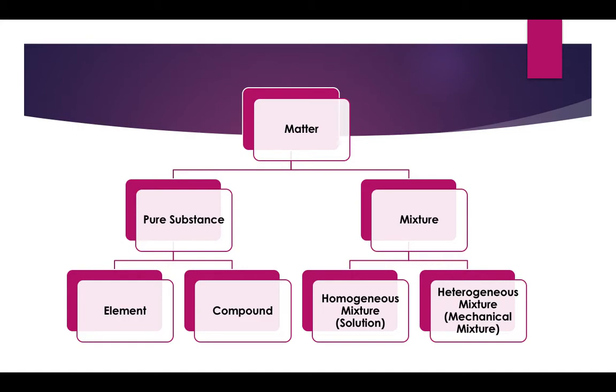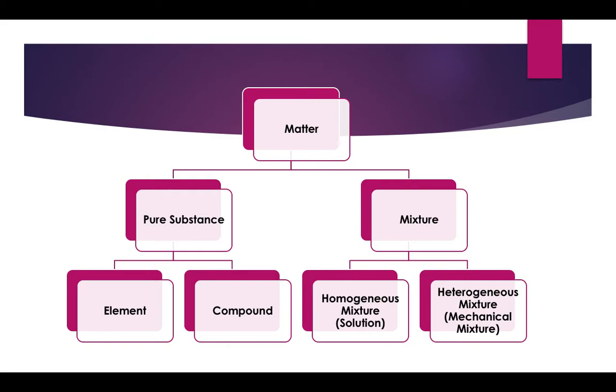If you ever see anything that has a chemical formula, you should automatically be able to tell me that that is a pure substance. An element is any one of these squares on the periodic table up here. A compound is when we take more than one of those things, mush them together, and you get a product. That product would be considered your compound. It's when we take more than one element and we mush it together.